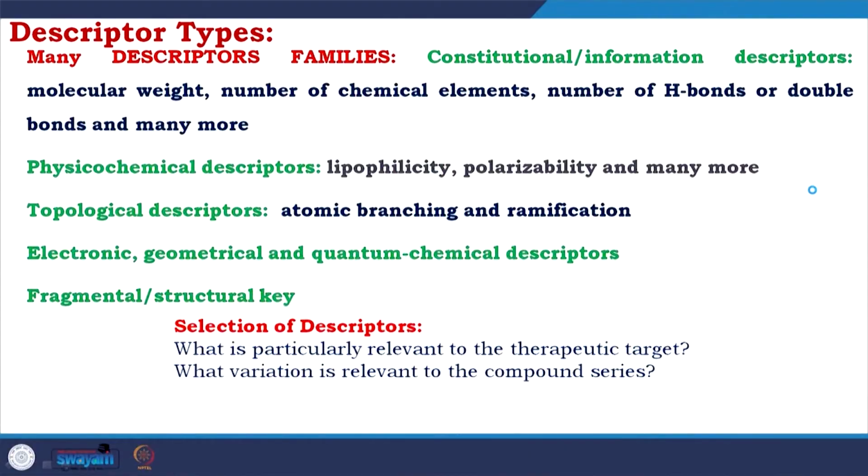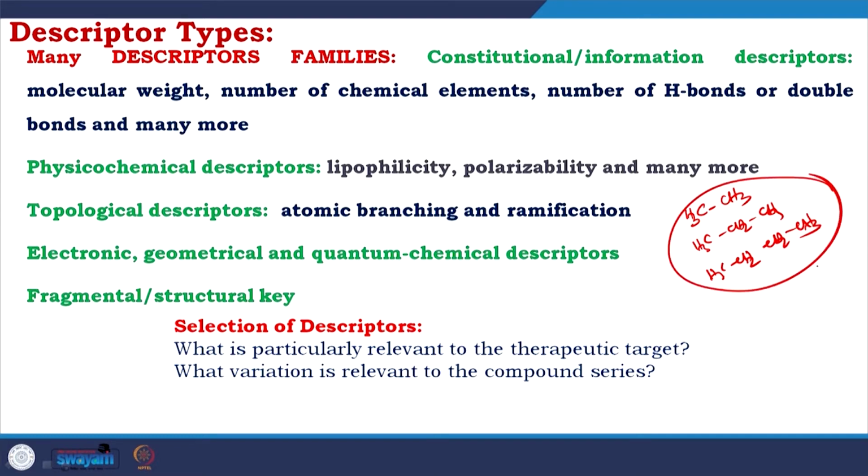What variation is relevant to the compound series? Like, as I was talking about, ethane, propane, butane. What is varying here? A carbon.